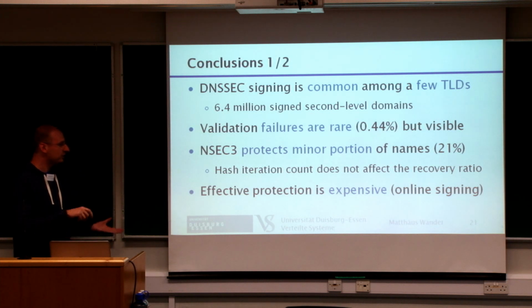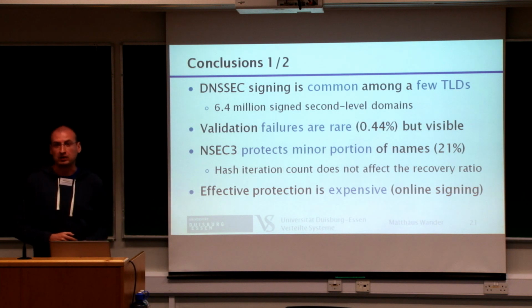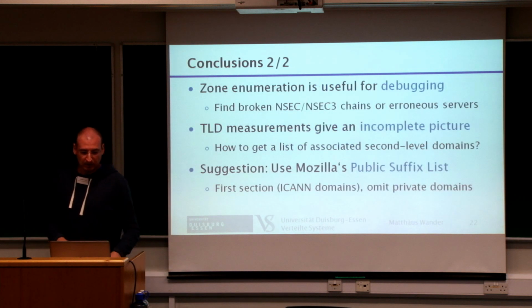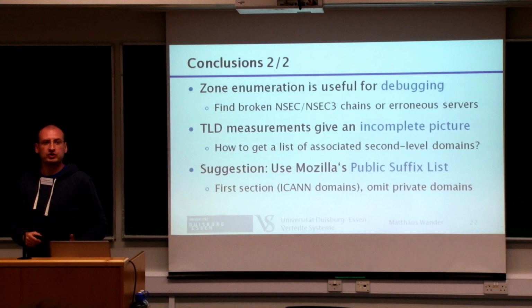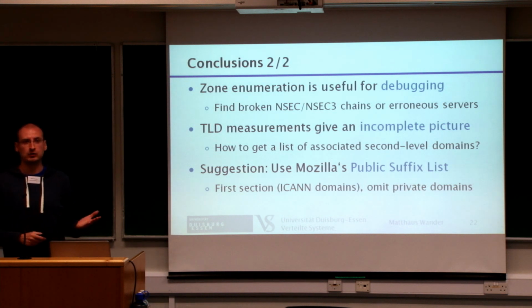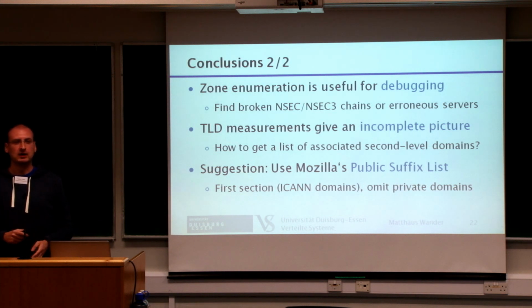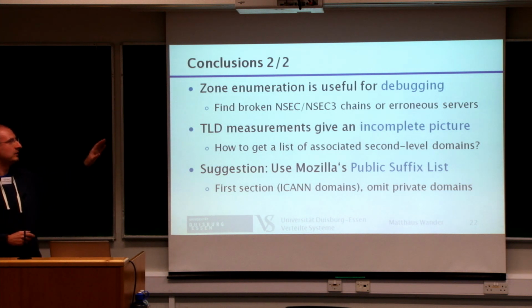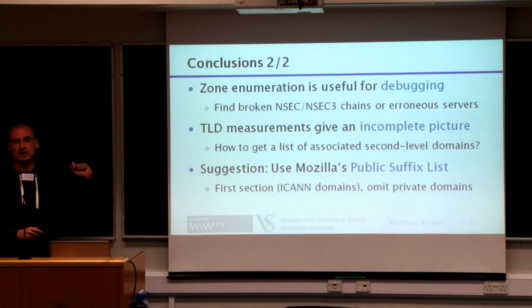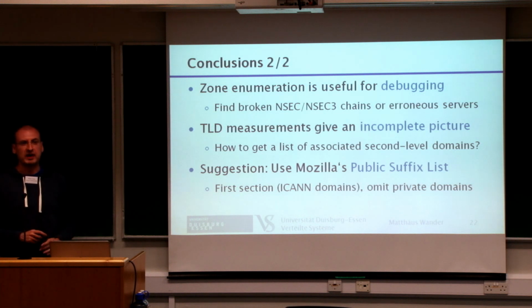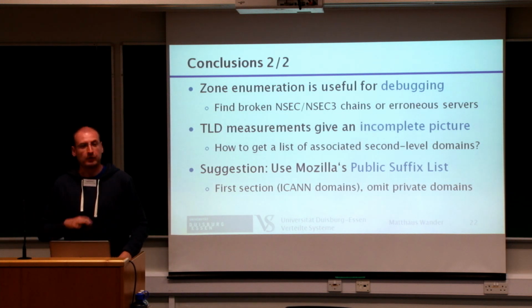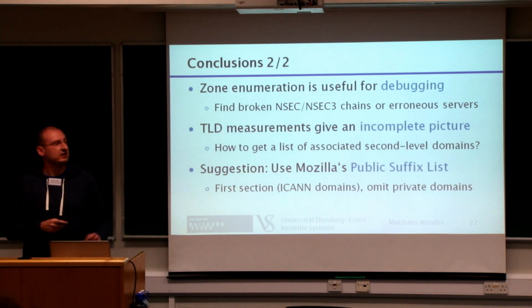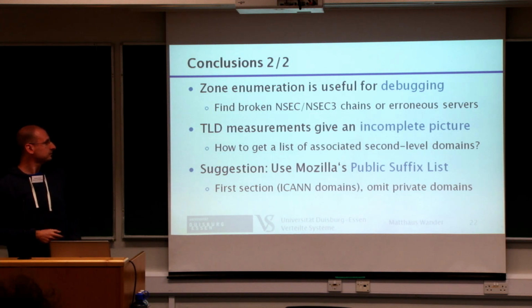And effective protection is expensive because that would be online signing, online cryptography. Furthermore, we have seen that zone enumeration is a useful debugging tool. We could see a couple of errors on live production servers. There was not only the Puerto Rican domain that had trouble, there were other domains. So from time to time we run into server bugs, and you can see this with zone enumeration.